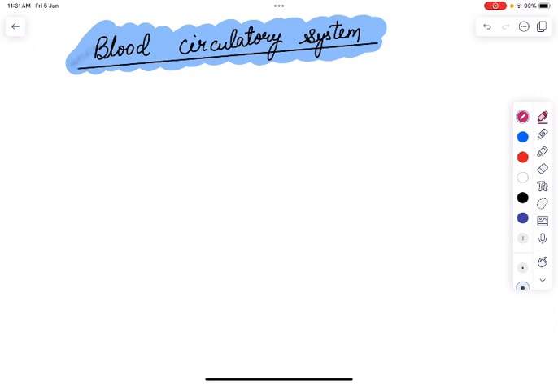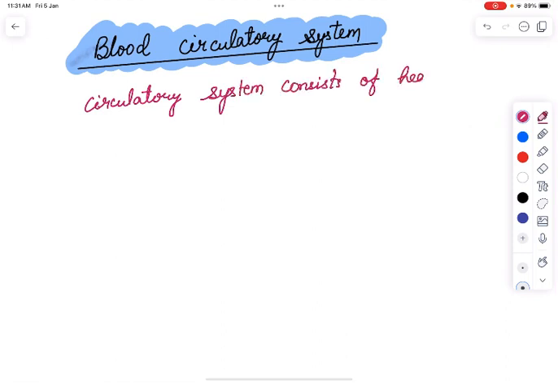So in this video I'm going to start with the blood circulatory system. The blood circulatory system consists of the heart, blood and blood vessels.